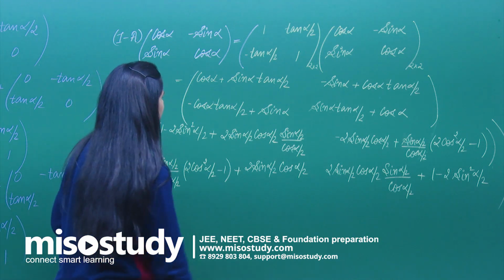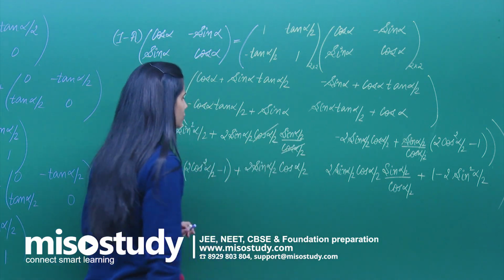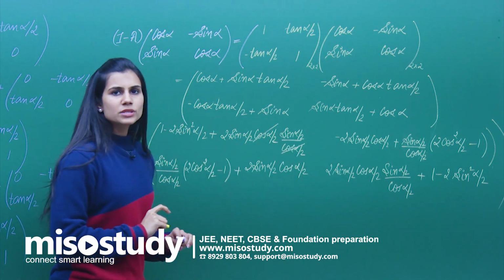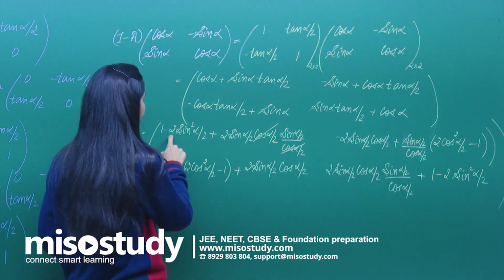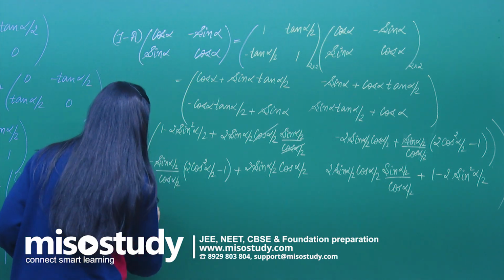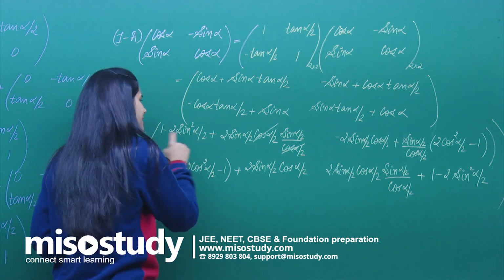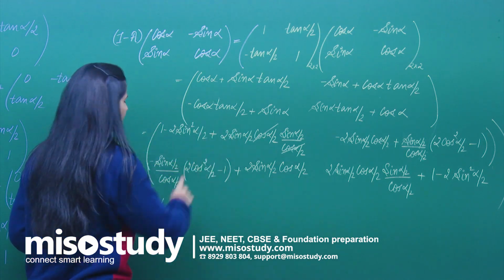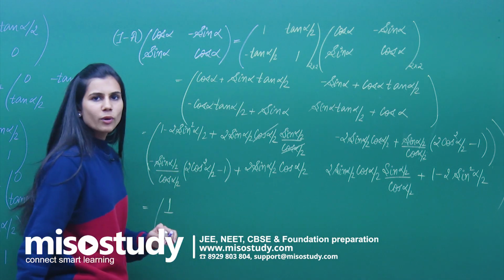Now in here you can clearly see cos alpha by 2 cancels out. This is 2 sine alpha by 2 into sine alpha by 2, which is 2 sine square alpha by 2 with a plus sign, and 2 sine square alpha by 2 with a minus sign. This gives you 1 minus 2 sine square alpha by 2 plus 2 sine square alpha by 2. This minus and plus gets cancelled out, you are just left with 1.